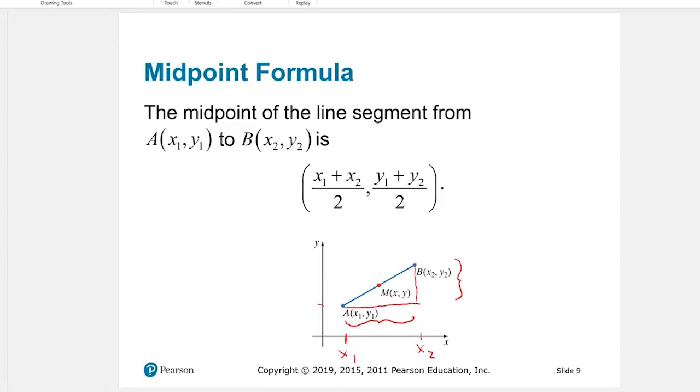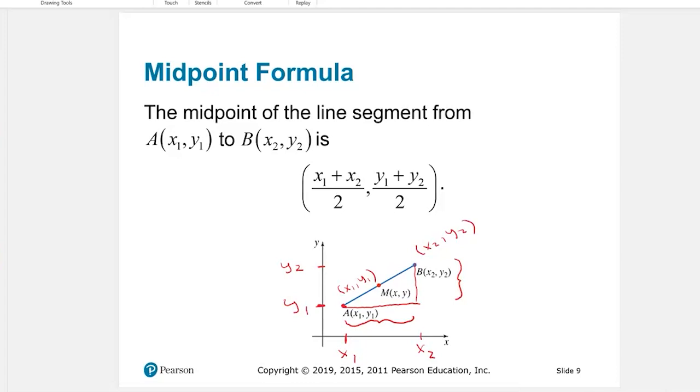And then this point right here, we'll call this y1 because the point is x1 comma y1, right? I go out to x1 and up to y1. And then we have another point out here, and we'll call this y2. And then this point right here would be x2 comma y2.